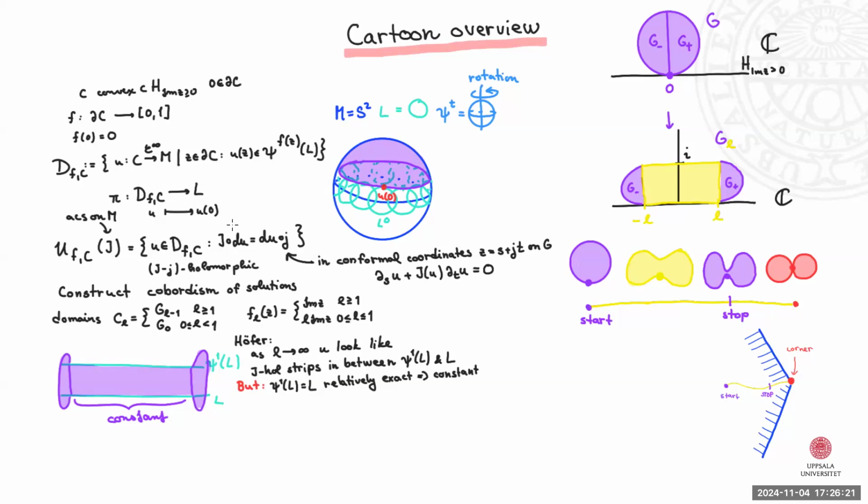We are going to choose some almost complex structure on my manifold M. In this example, you can imagine M being a Riemann surface, and on a Riemann surface you everywhere have an integrable complex structure. But in symplectic geometry, in principle, we don't assume that our almost complex structures are integrable.